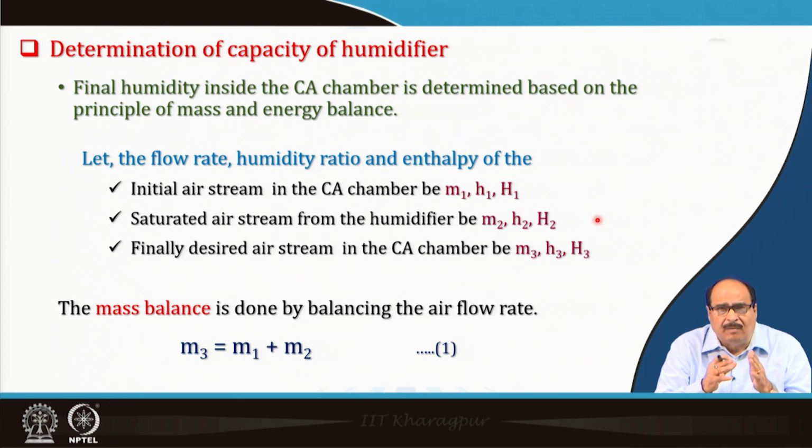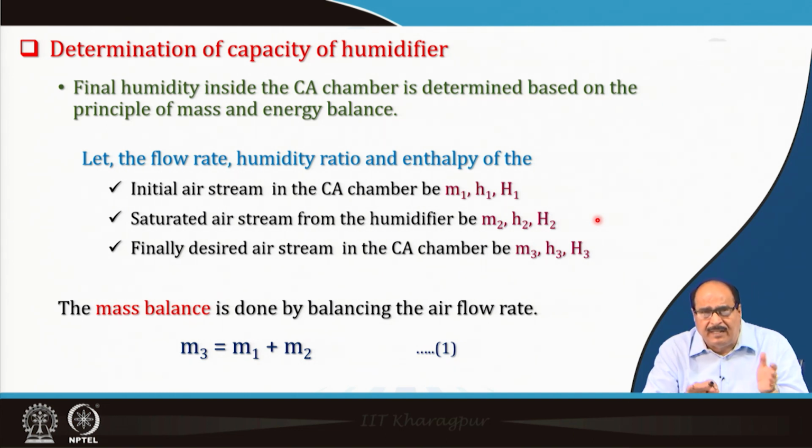So, let us say the flow rate, humidity ratio and enthalpy of the initial air stream in the CA chamber be M1, H1 and capital H1, the saturated air stream from the humidifier be M2, S2 and capital S2, and finally, the desired air stream in the CA chamber be M3, S3 and capital S3. Then the mass balance is done by balancing the air flow rate, that is M3 is equal to M1 plus M2.